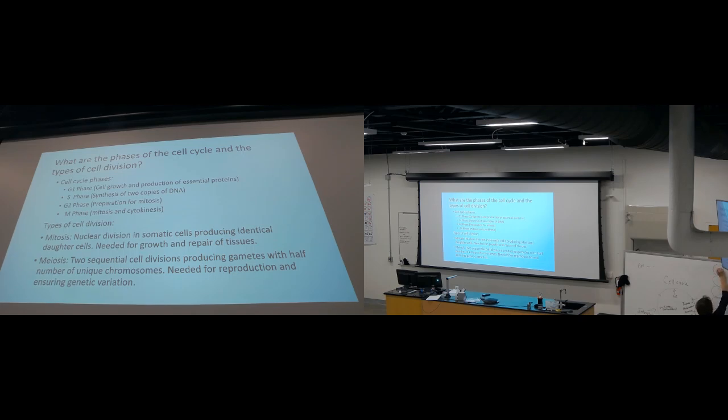So in prophase, your nuclear membrane starts disappearing, and then you have visible chromosomes.